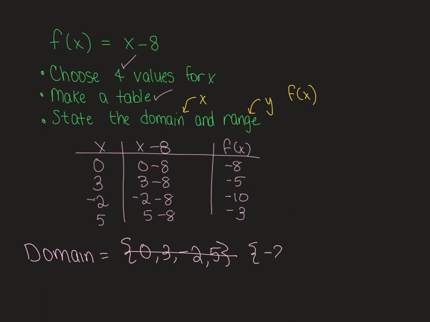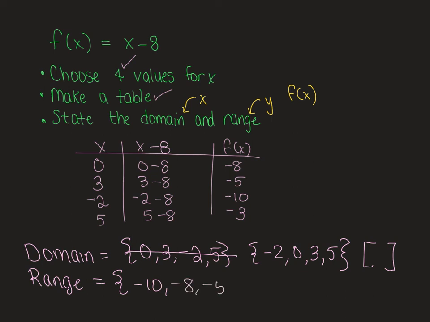So negative 2, 0, 3, and 5. And then my range answers. I use brackets. Remember that you can use the straight brackets. You don't have to use the curly brackets. And my answers least to greatest are negative 10, negative 8, negative 5, negative 3.